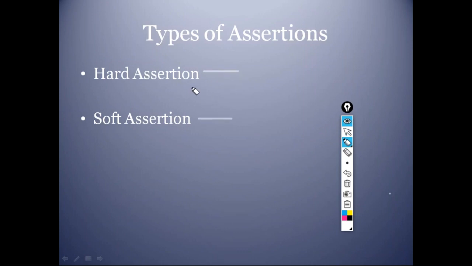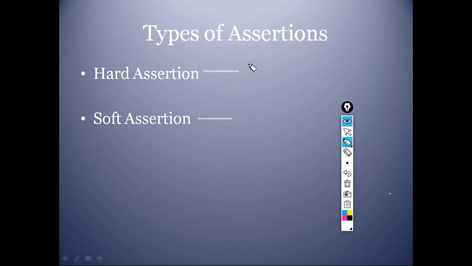When talking about hard assertion, in case your assertion is failing, your execution will stop and will not continue to further steps. Whereas in soft assertion, even if there is a failure in your assertion or validation, your execution will continue to the next sequence of steps.